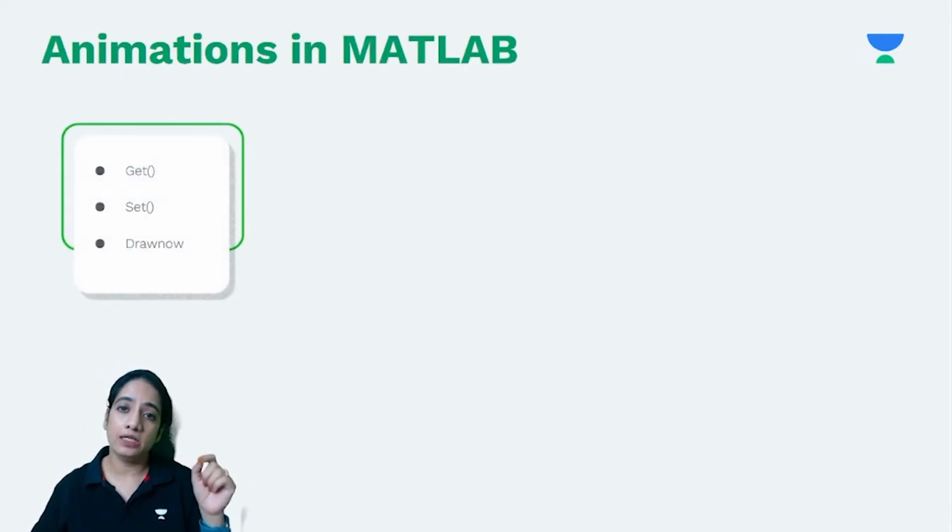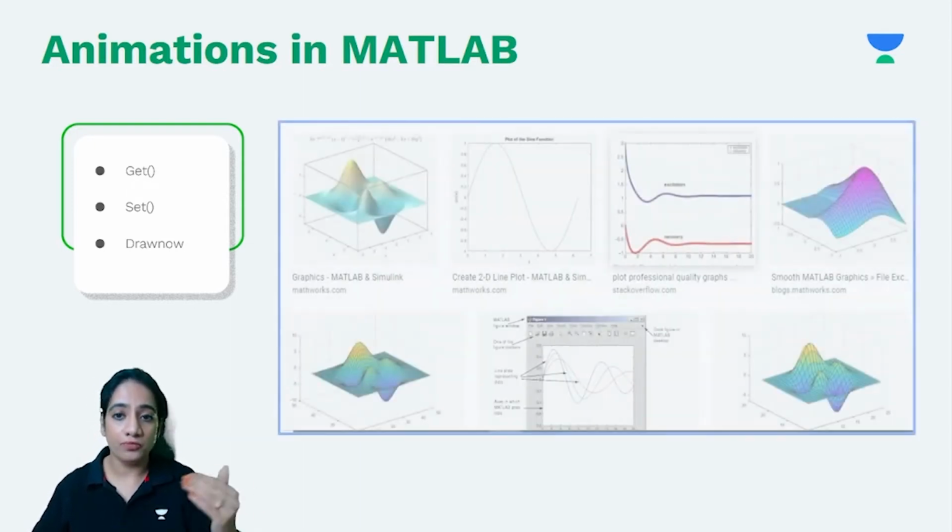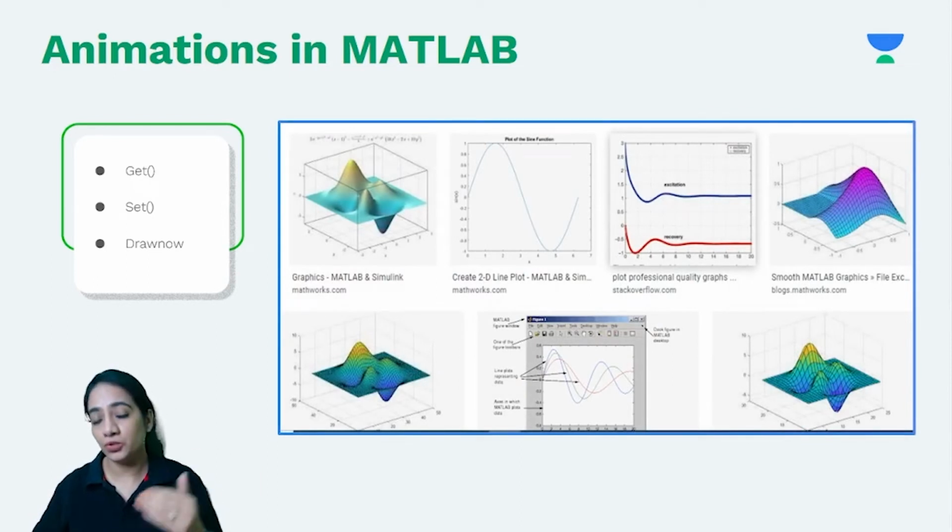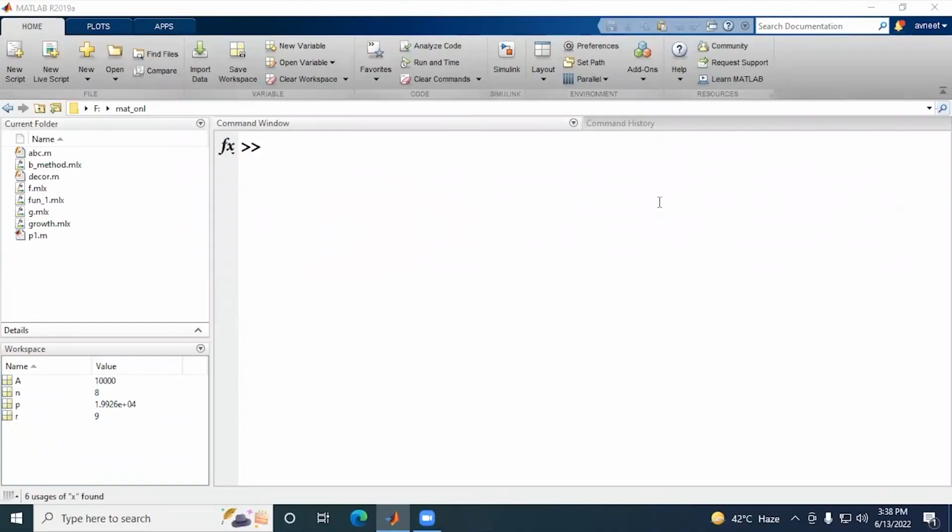Animations in data follow predefined functions like get the data, set the data, and drawnow. Drawnow is just for animation. It removes your previous screen and gives you the new screen, so it looks like it is animating your data.